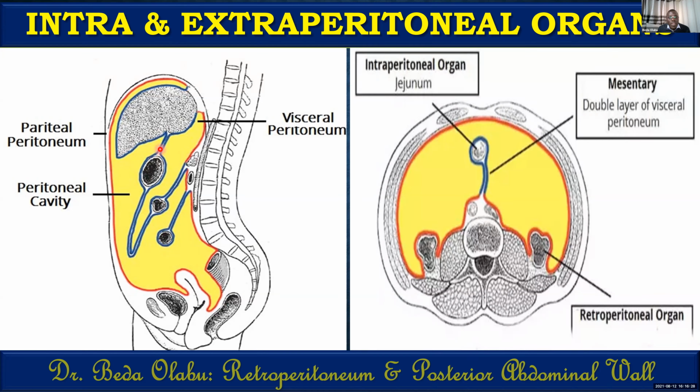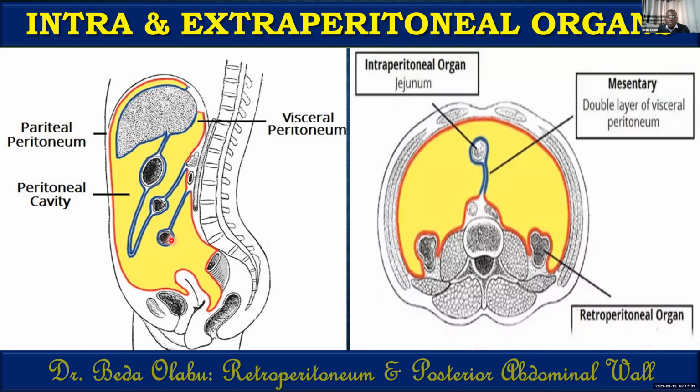For example, here, this is the stomach. We can see two layers of the visceral peritoneum, and at that point, that's mesentery. This is also mesentery, for this would be the transverse colon. Maybe this would be the small intestine. So this is still mesentery. Any organ that is lined by visceral peritoneum is intraperitoneal.